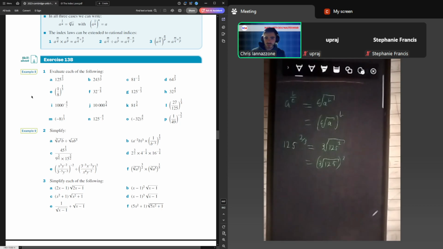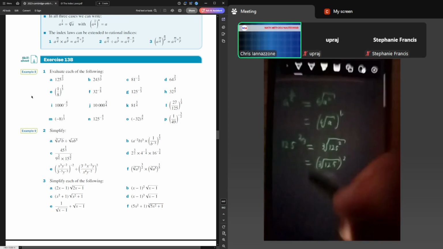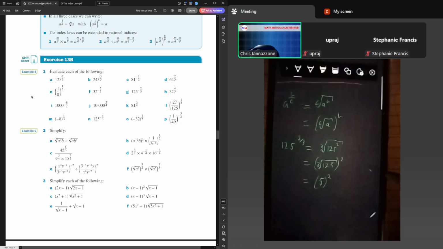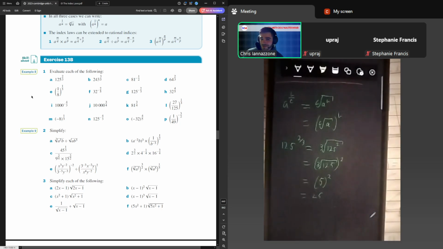The cube root of a number just means 3 identical numbers that multiply together to give that thing. That's going to be 5 in this case. 5 times 5 is 25, and then 25 times 5 gets you to 125. So all of a sudden, we've taken that nasty big number down into just 5 squared. Much easier than having to do 125 squared and then trying to take the cube root of whatever that ends up being.